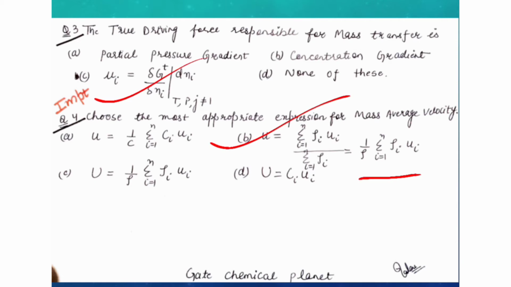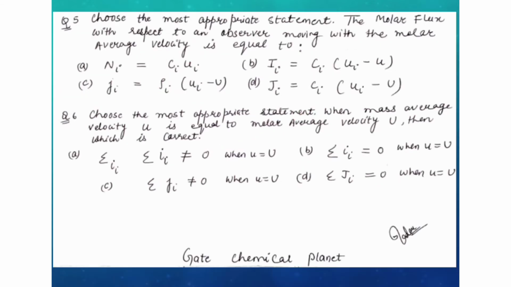Now we will move on to the next question, question number 5. Choose the most appropriate statement. The molar flux with respect to an observer moving with the molar average velocity is equal to.